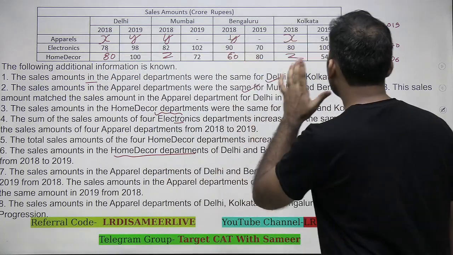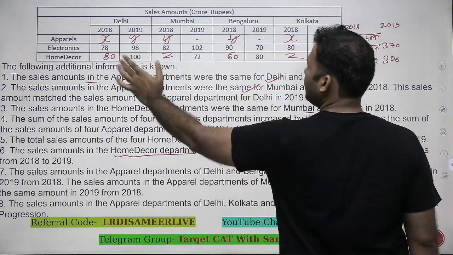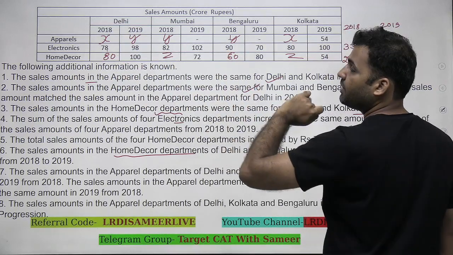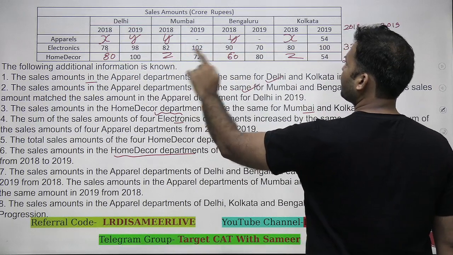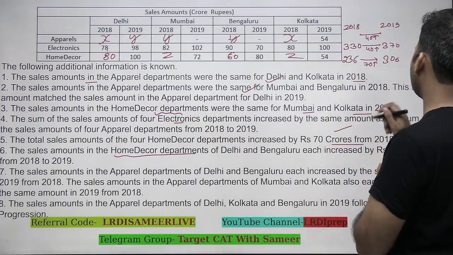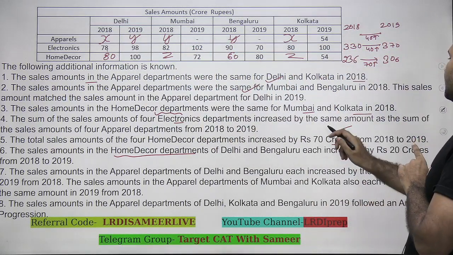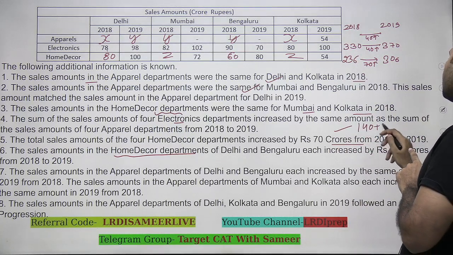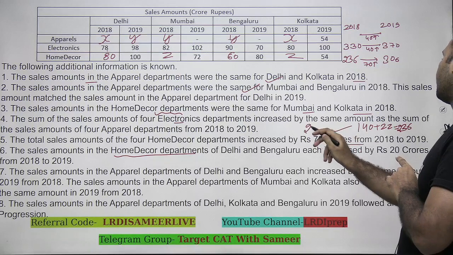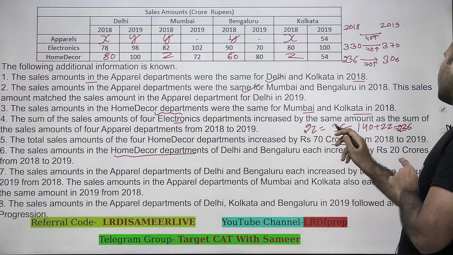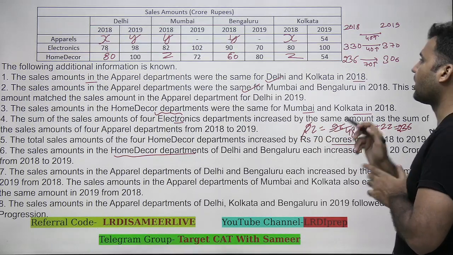Now I can easily find the value of Z. 80 plus 60 would be 140, and 140 plus 2Z would be equal to 236. So the value of 2Z will be 96 and Z will be 48.